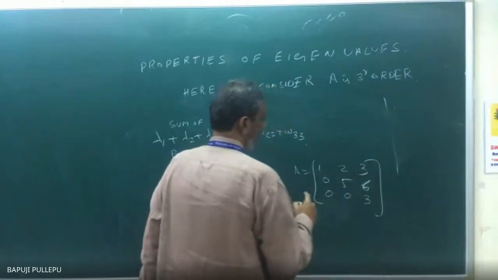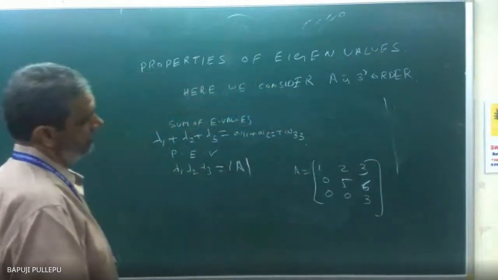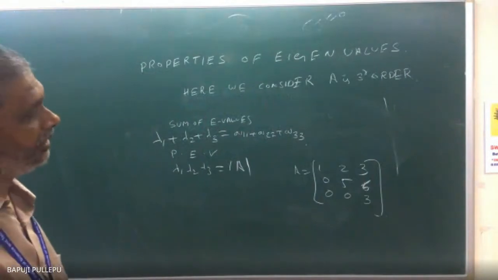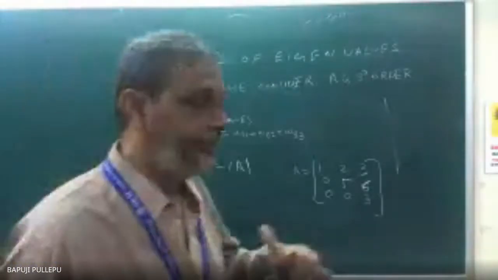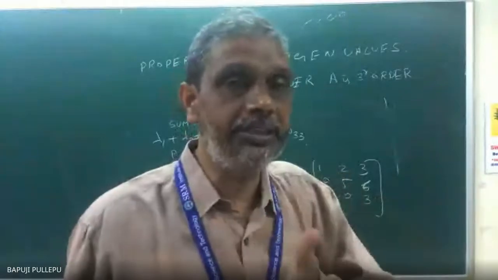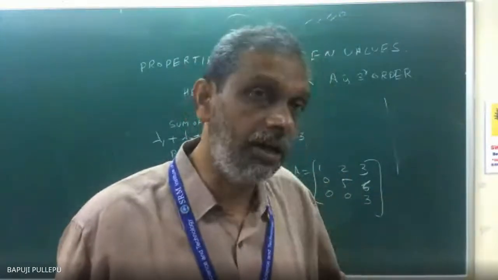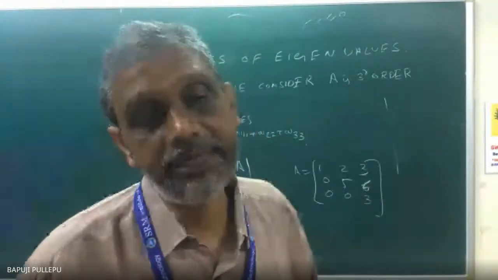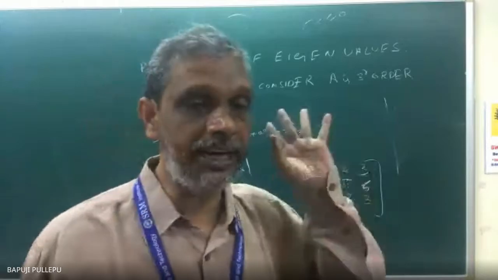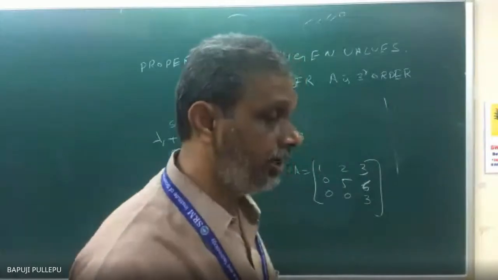This is an upper triangular matrix. If all elements below the diagonal are 0, or all elements above the diagonal are 0, then you can take the diagonal elements for granted as the eigenvalues. That holds for an upper triangular or lower triangular matrix.